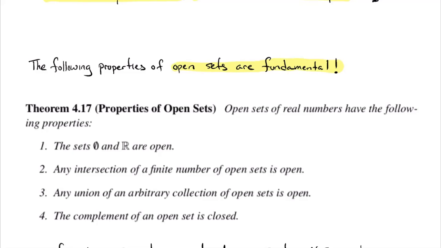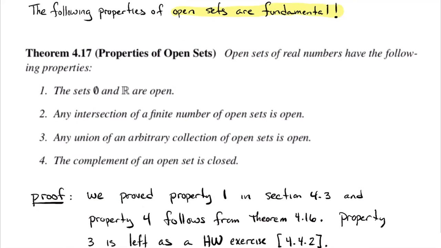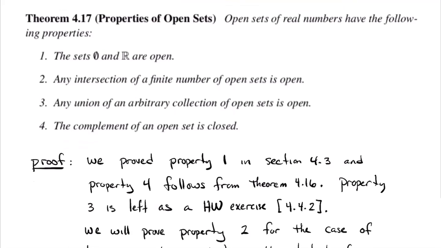So what are the properties of open sets? Let me reveal the proof as I say these, because some of these things we've already proved. Last time we already showed that the empty set and the whole real number line are both open, so we proved that in section 4.3.